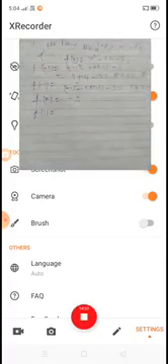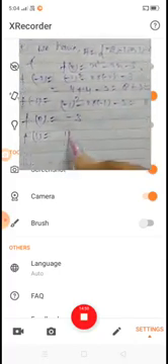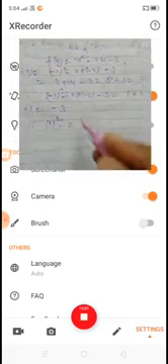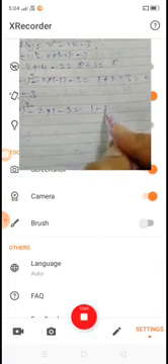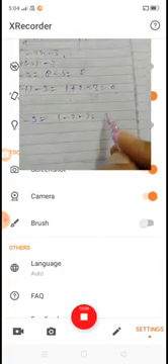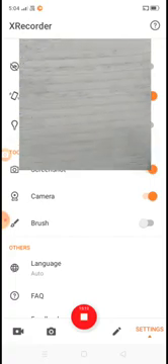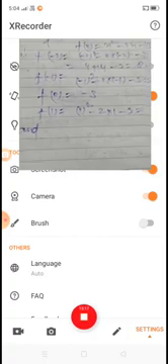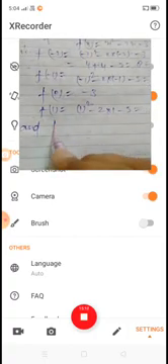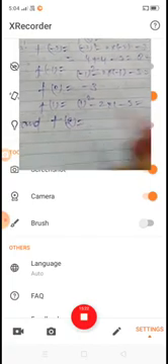Okay, f of +1. We put x is equal to 1: 1 square minus 2 into 1 minus 3, that is 1 minus 2 minus 3, that is 1 minus 5, that is minus 4. Okay, and we put x is equal to 2, f of 2.